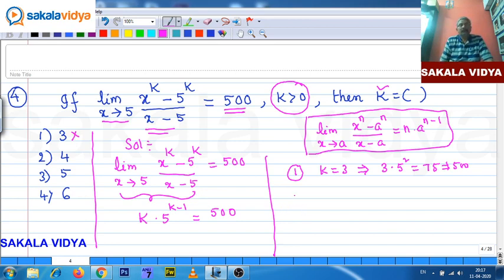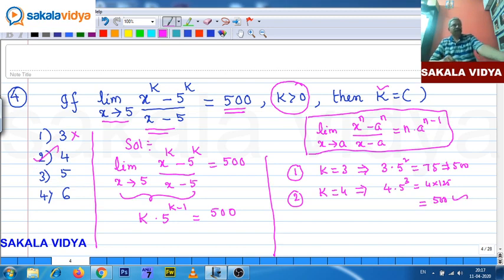Now, second option k is equal to 4. So, 4 into 5 cube, that is 4 into 125, that is 500. Yes. So, the second option is the right option. Right. Thank you.